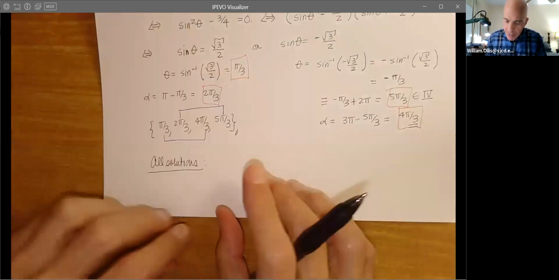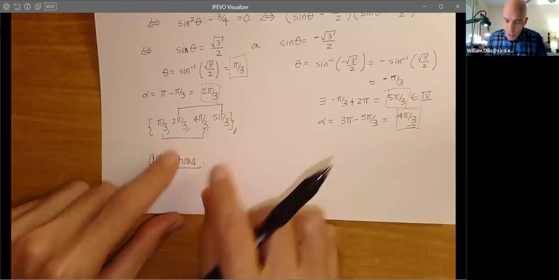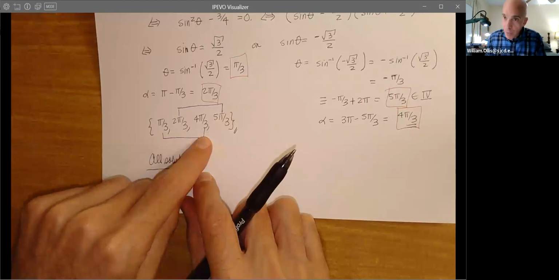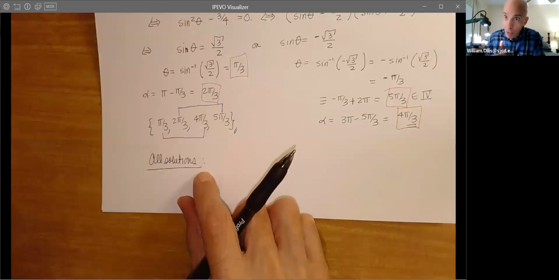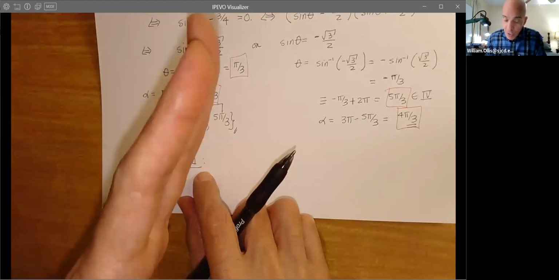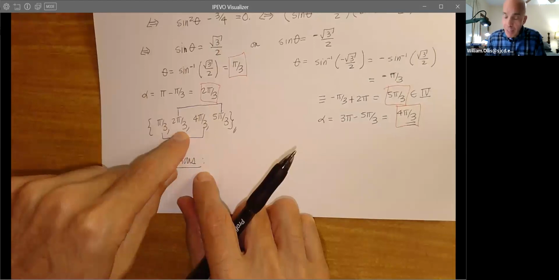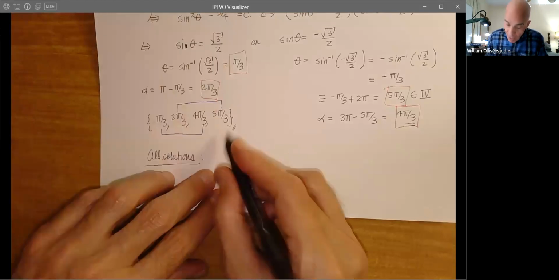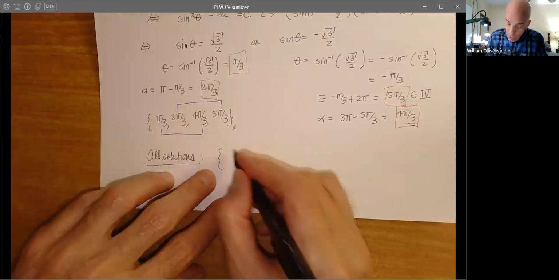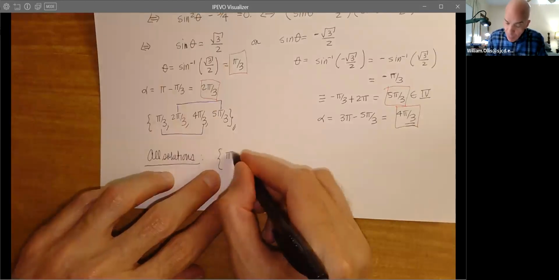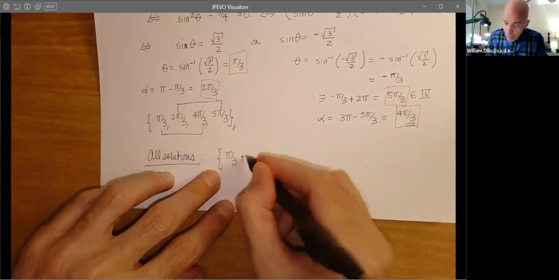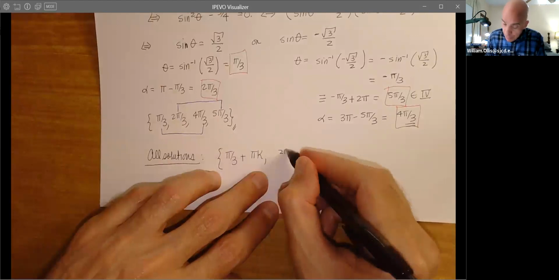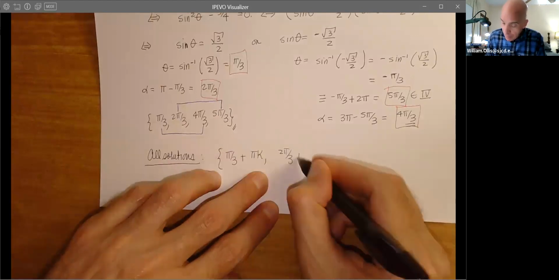So now what we can say for all solutions is pi over 3 plus pi k, because that would cover that and everything after, so to speak, and then 2 pi over 3 plus pi k, because that would cover that and everything after. So to cut down on redundancy, all the solutions would be pi over 3 plus pi k, and then 2 pi over 3 plus pi k.